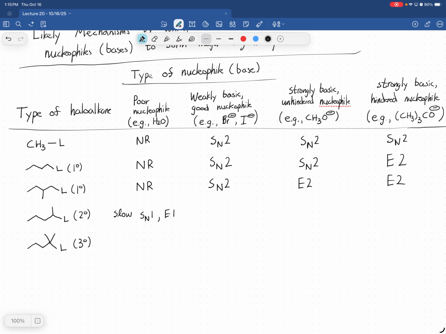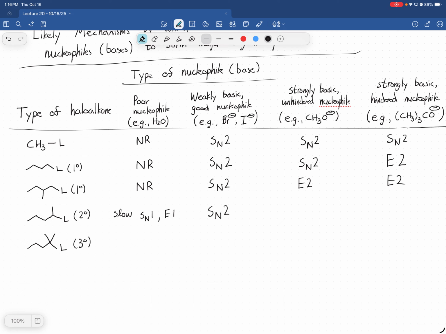Well, if it's weakly basic, this is where the gray area is. It's probably going to do SN2. So we're just going to say SN2 for secondary, weakly basic. And then if it's a poor nucleophile, SN1/E1. Okay? All right. But secondary, that's a tricky part now for strongly basic nucleophiles.